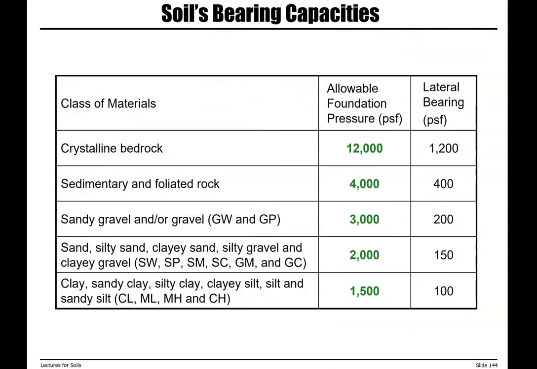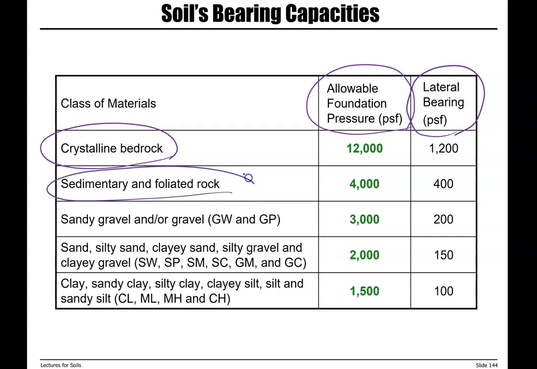This slide provides information on the allowable pressure and bearing capacity. As you can expect, bedrock provides a higher allowable foundation pressure and it has higher lateral bearing capacity compared to sedimentary and foliated rock.